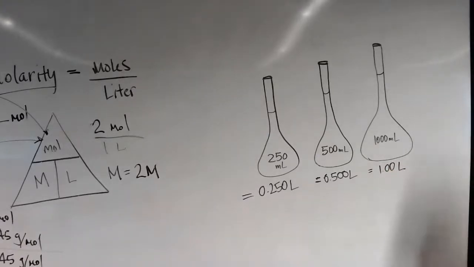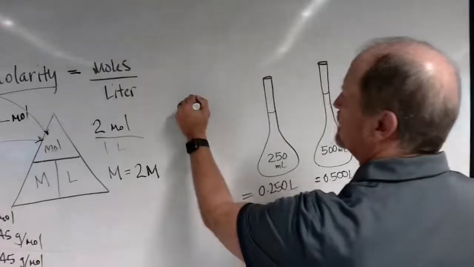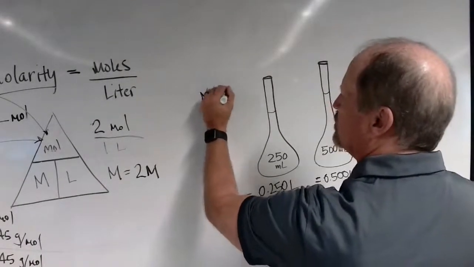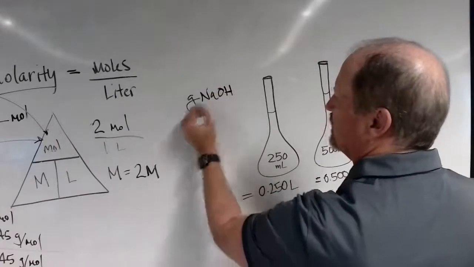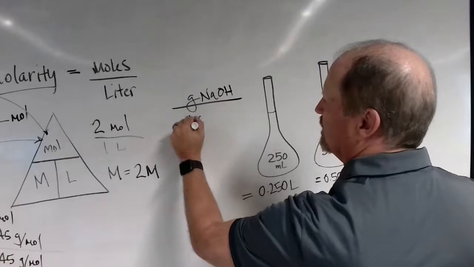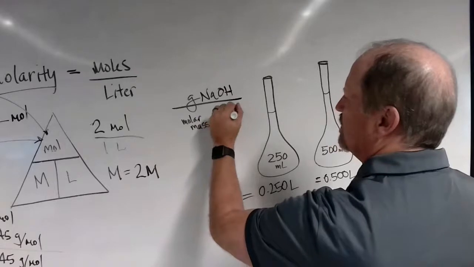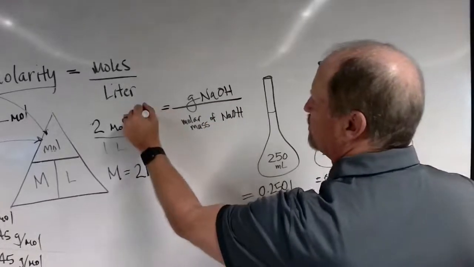So what we do is we calculate how many moles of sodium hydroxide, NaOH. We take the grams of NaOH divided by the molar mass of NaOH, and that'll give us the number of moles.